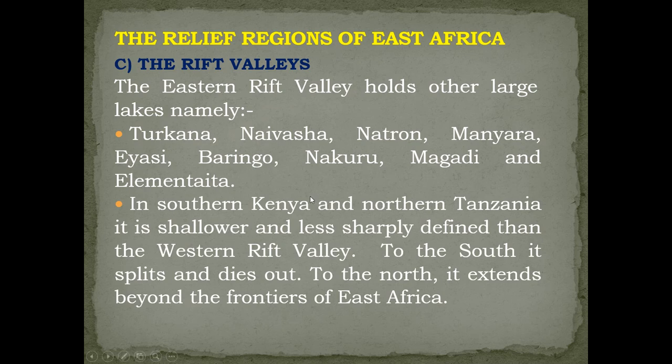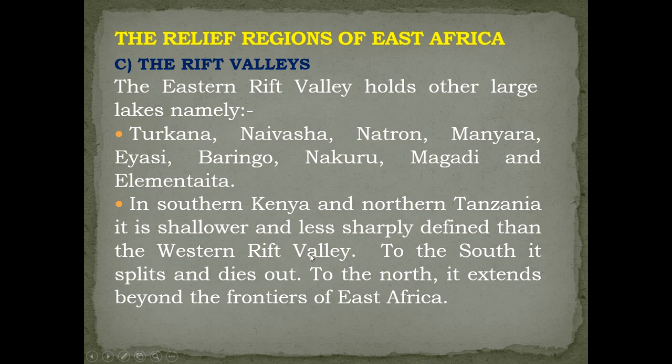However, in the southern part of Kenya and northern part of Tanzania, the eastern arm of the Rift Valley is shallower and less sharply defined. So even when you look at the atlas, it is a little divided into so many branches. That's why we say it is less sharply defined than the western Rift Valley.